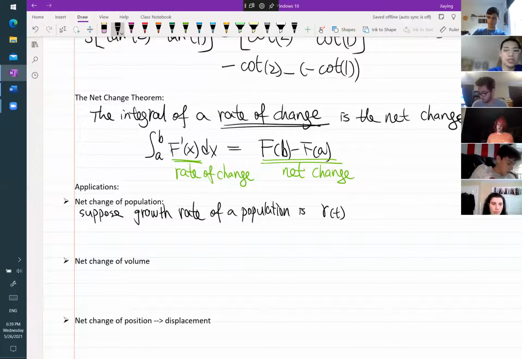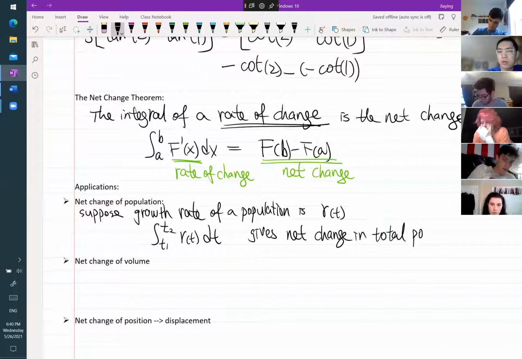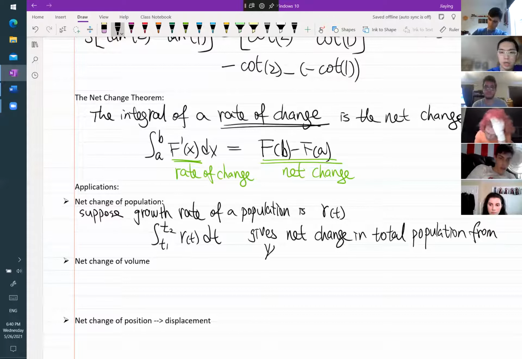And if I want net change, if I integrate R of T from T1 to T2 of R of T dt, this gives the net change in total population from year T1 to year T2.